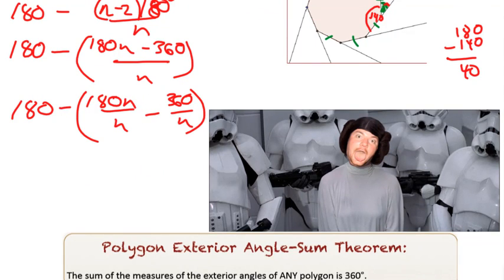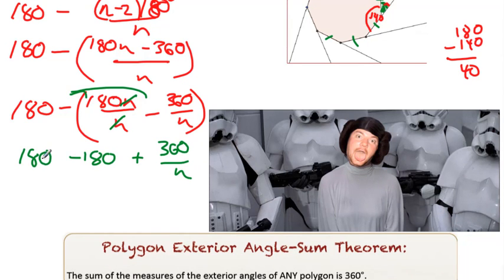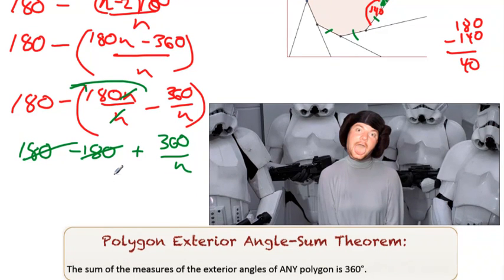Well, look, this is awesome. After I break this fraction up with the same denominator, these n's cancel. And now I can distribute this negative to both. So what do I get? 180 minus 180. The n went away. And then a negative times a negative is plus 360 over n. Oh my goodness, look, the 180s cancel. Basically, you get 360 over n. That's what it reduces to.